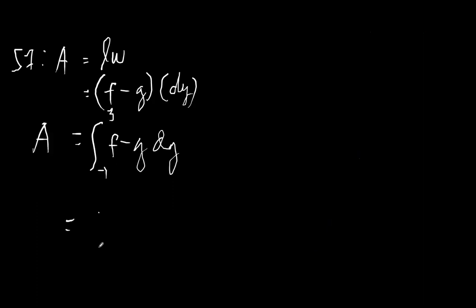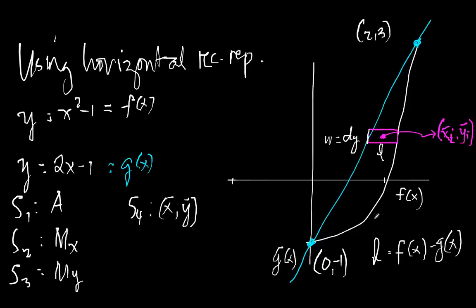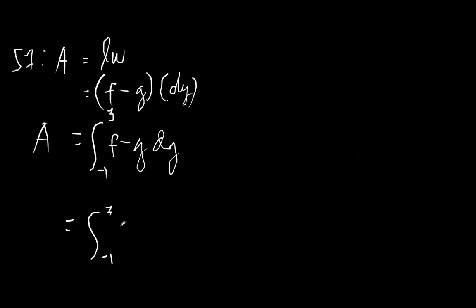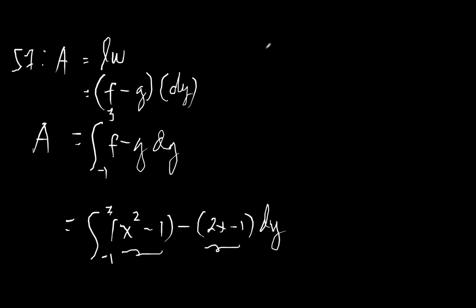Our f is the parabola, x squared minus 1, minus the g, which is 2x minus 1, dy. Since it is expressed in terms of y, we need to express the function in terms of y as well. So we rewrite x as a function of y. Let's do that here.